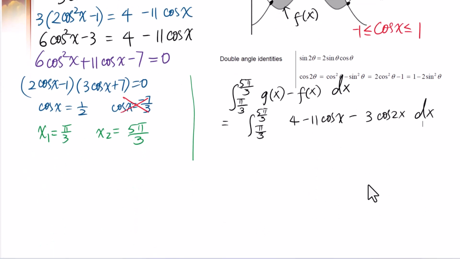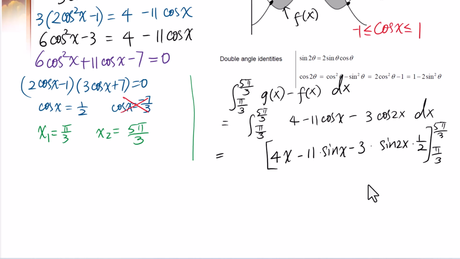Let's work this out. It equals 4x minus 11 sine x minus 3 sine 2x, and don't forget the 1 over 2, evaluated from pi over 3 to 5 pi over 3.